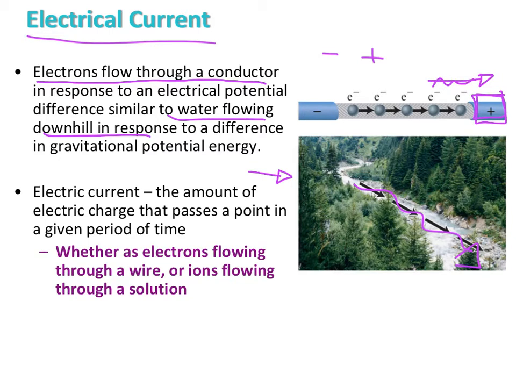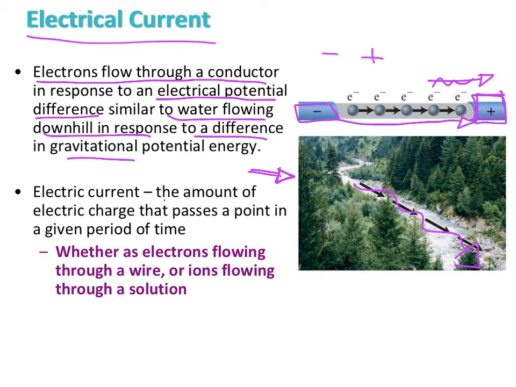For the water, it's because of gravity, right? It's going from higher to lower. But for these electrons, it's because of the electrical potential difference. So it starts off from somewhere negative and it's flowing towards the positive.